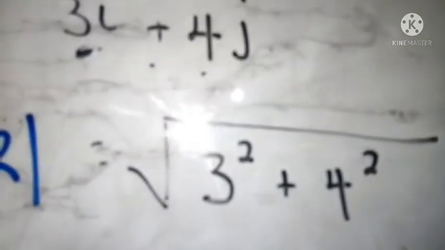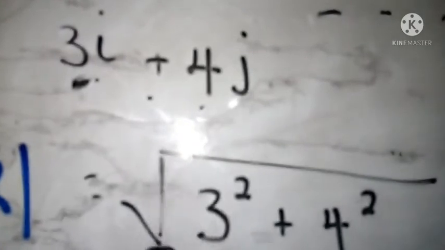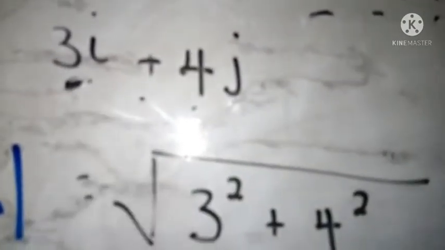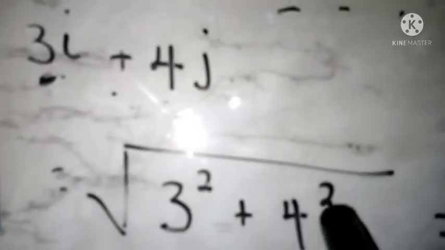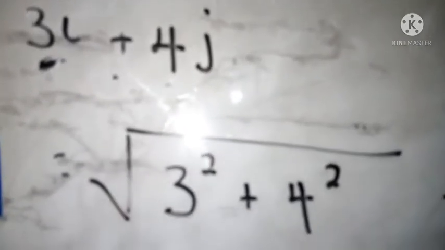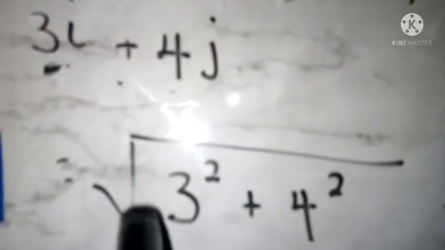So when you say absolute value of something, we are having these two guys here, right? You take a square root of whatever you are having. That is the first person, which is 3 squared, plus the second person squared, with everything under the square root sign. So this is what we call the absolute value.